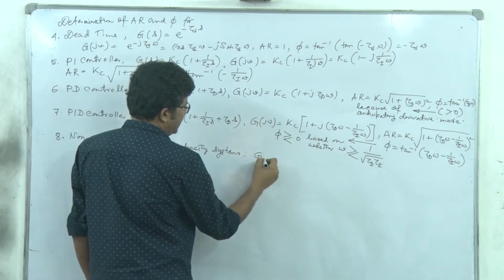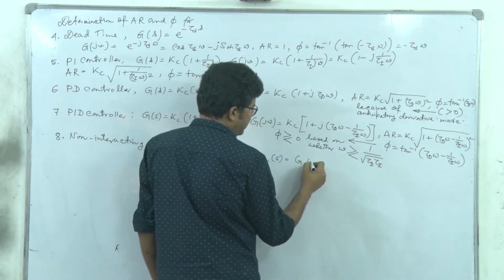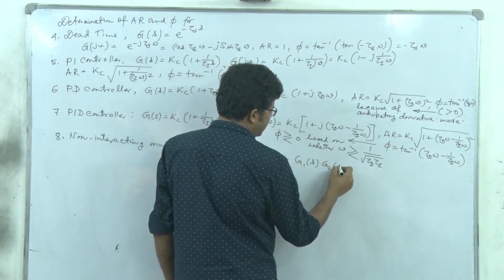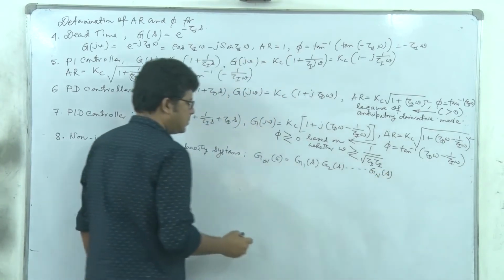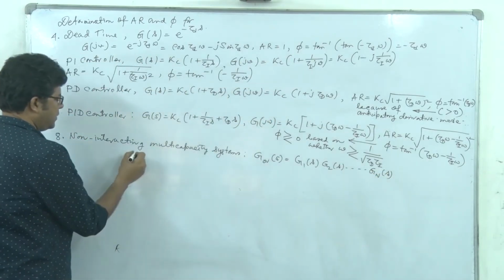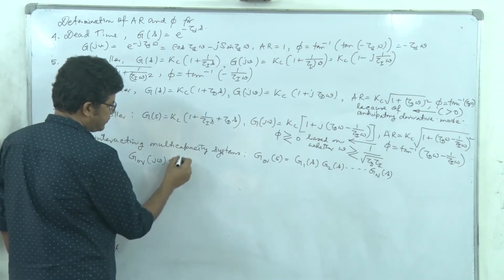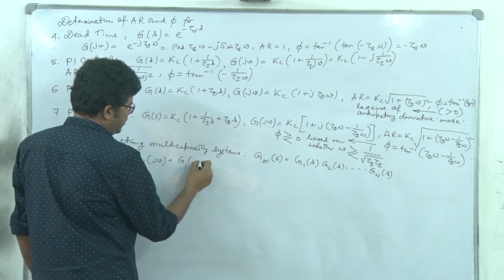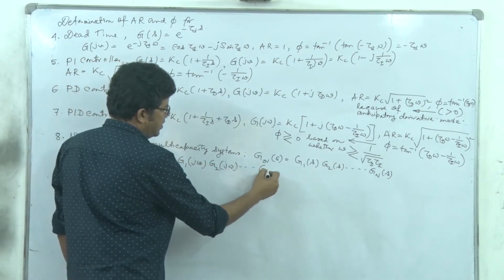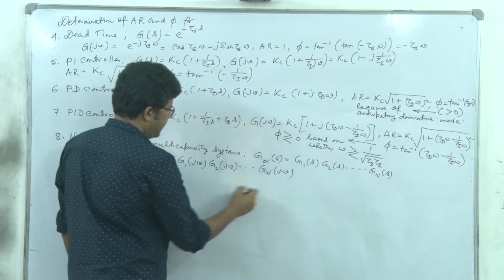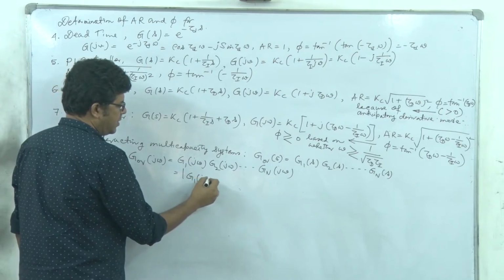Right, where the overall transfer function G overall(s) is equal to the product of the individual blocks' transfer functions. So you see that G overall(jω) is G1(jω) into G2(jω) up to Gn(jω). So this is mod of G1(jω).